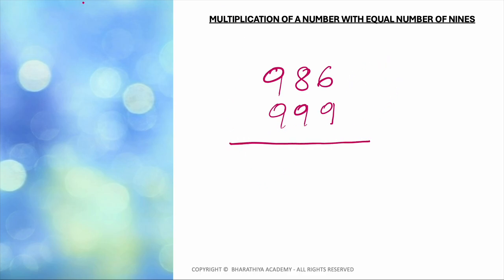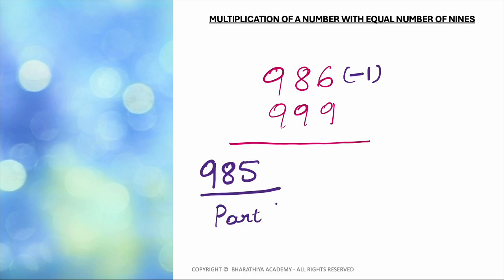Okay, so let's do this. First, what we have to do, first part of the answer, we have to subtract 1 from the number, right? So let's do that. 986 minus 1 is 985, the part 1 of the answer. For part 2 of the answer, we'll simply write 10 on top of the last digit, 9 on top of the remaining digits, and subtract.